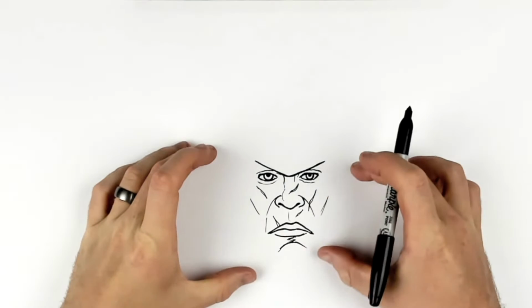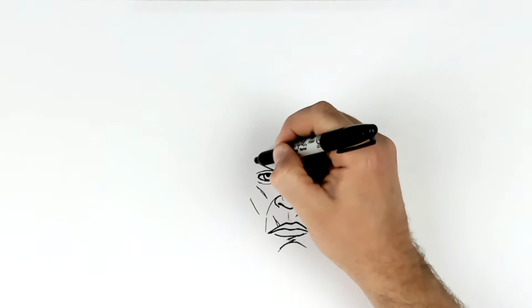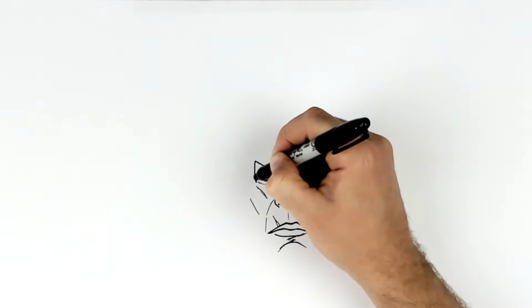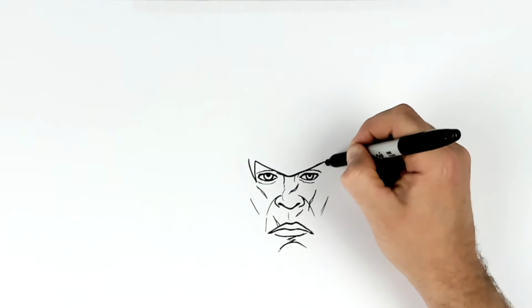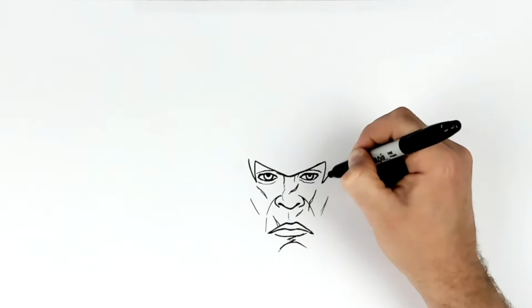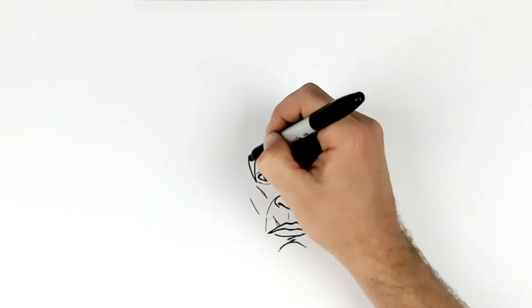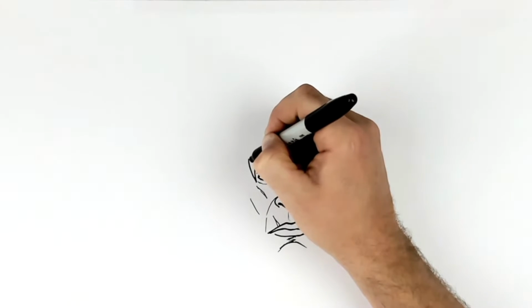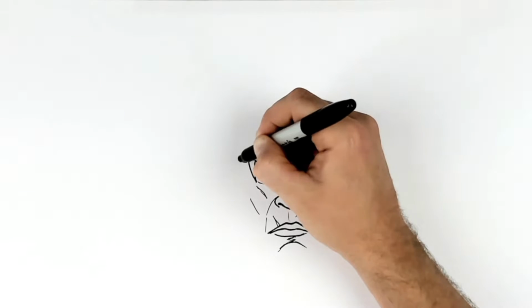So then the rest of this mask that frames in his face, right? Like I said, there's some teeth here. So his mask is like this lion's head, right? So tooth there, tooth there. Then we've got a line that comes around this, like that.